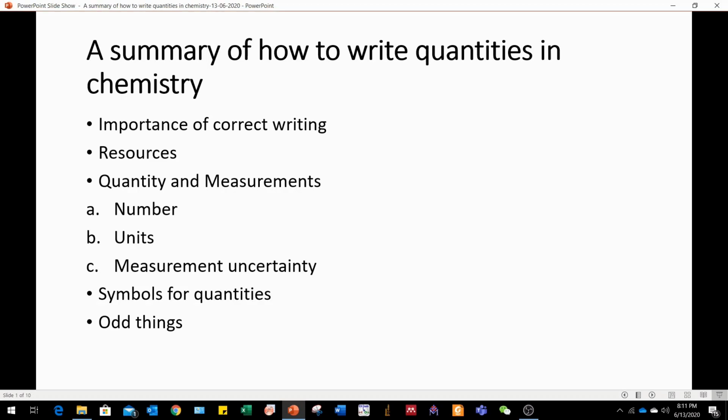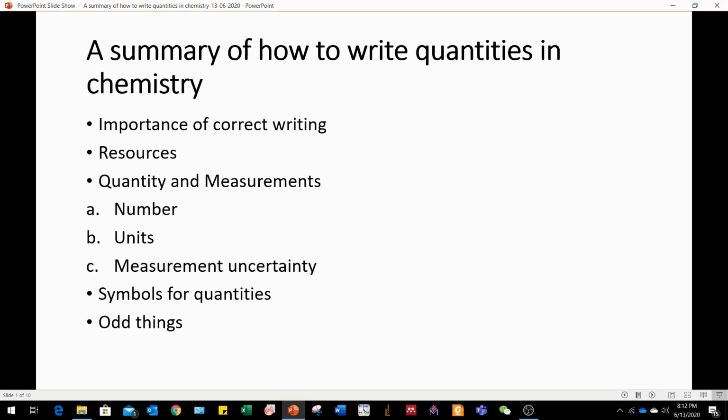First of all, I will explain the importance of this topic. Secondly, I will provide some resources so that you can learn more about this topic. Furthermore, for this topic, I have divided the quantity and measurements heading into three components: number, units, and how to measure uncertainty.